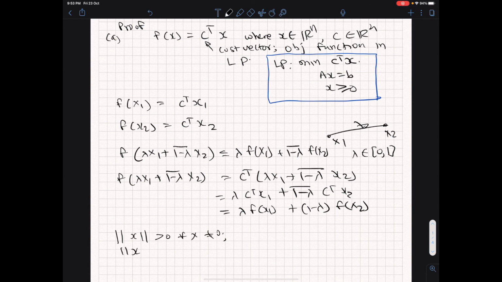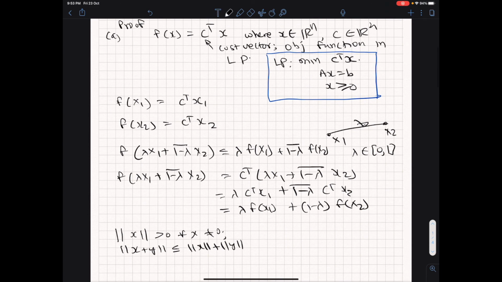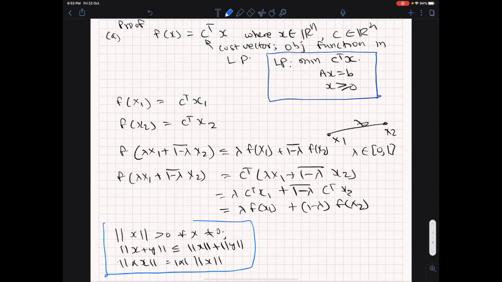If you take two vectors x and y in Rn, then it meets the triangle inequality. And lastly, if you take a scalar alpha times x, then it is the same as scaling the norm by the modulus of alpha. So you recall that this is your vector norm.